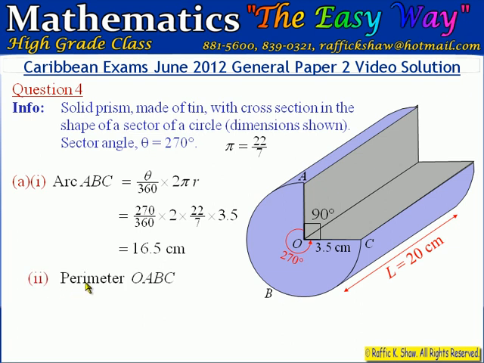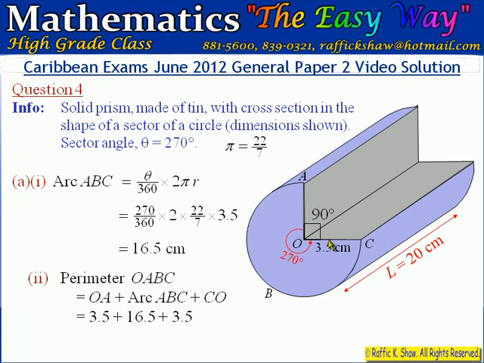Now part 2 is asking us for the perimeter of the sector OABC. So that's this length OA plus the arc length ABC plus this length CO. So that's the radius plus the arc length ABC plus the radius CO. Let's put that information in.